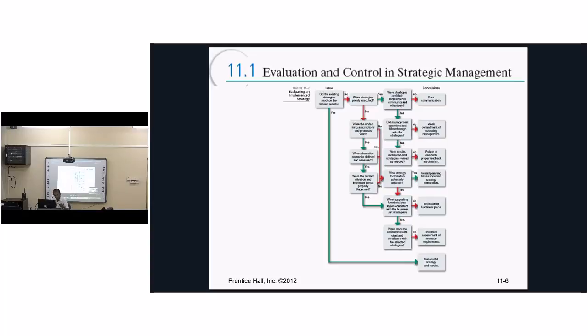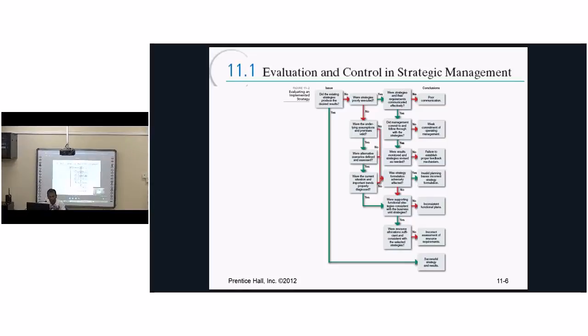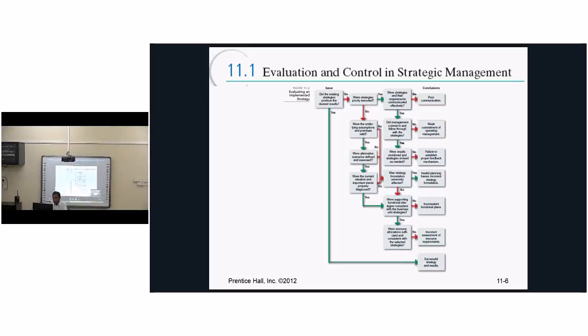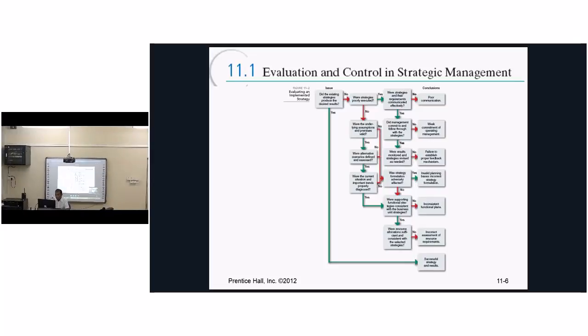If the strategy is good, if it is also properly executed, and you are not getting your answer, probably something is wrong with your assumptions. Then you need to see whether the alternative scenarios have been defined and assessed. So always when you define a strategy, you have a plan A as well as plan B.